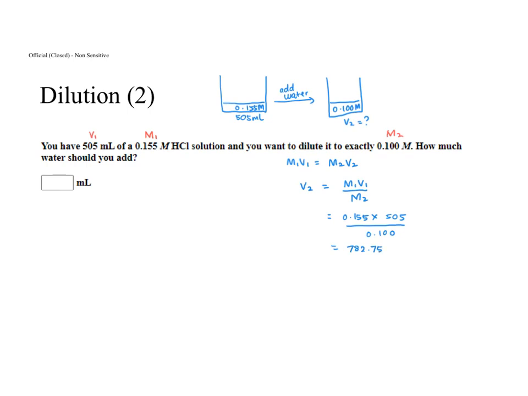You should get 782.75. But since we are measuring out the volume to the nearest ml, you can round this up to 783 ml.